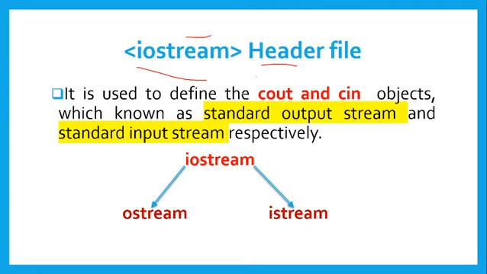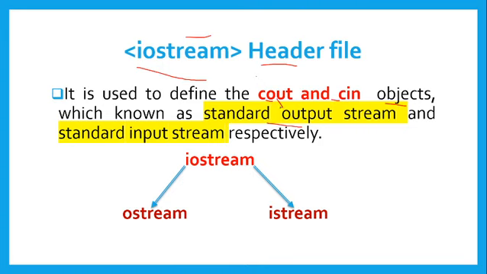It is used to define the cout and cin objects, which are defined in the iostream and ostream classes, which are known as standard output streams.